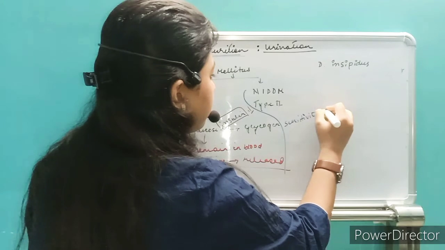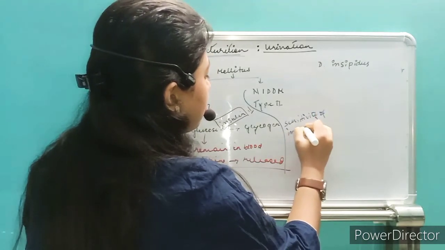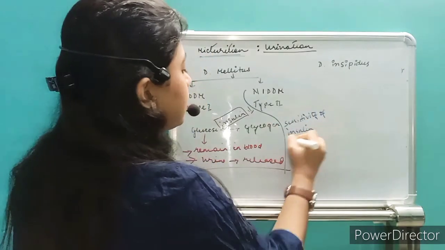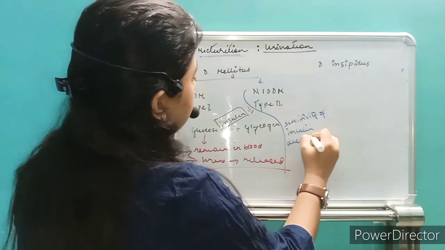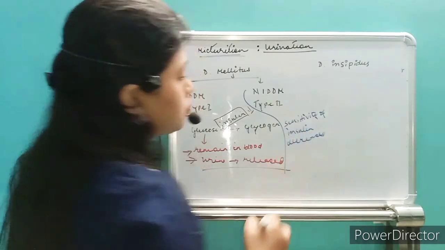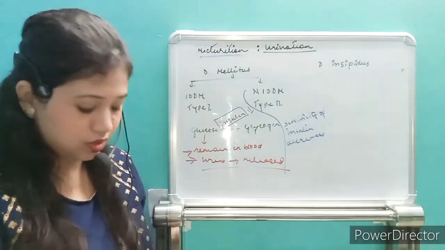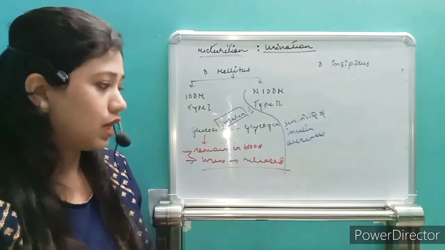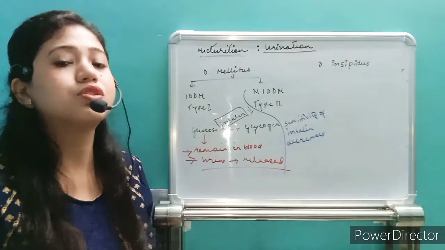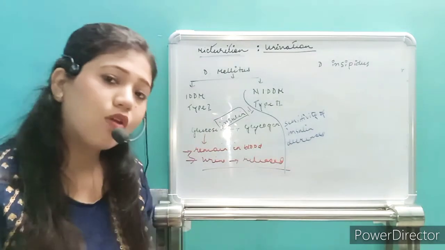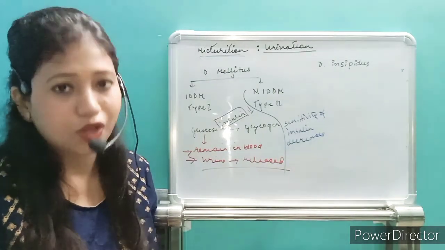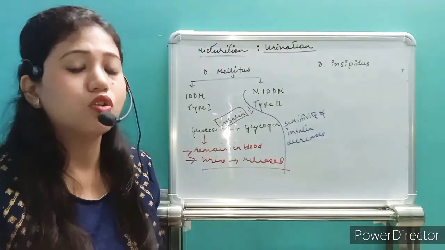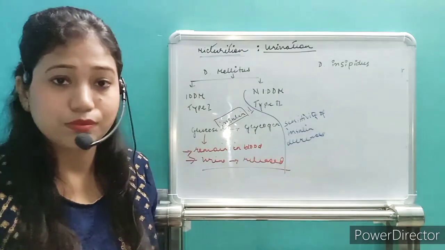The sensitivity to insulin decreases. The cells lose sensitivity to insulin. So though insulin is released, our body cannot convert the glucose into glycogen. That's how the glucose level can also rise. That's why it is called non-insulin dependent diabetes mellitus.